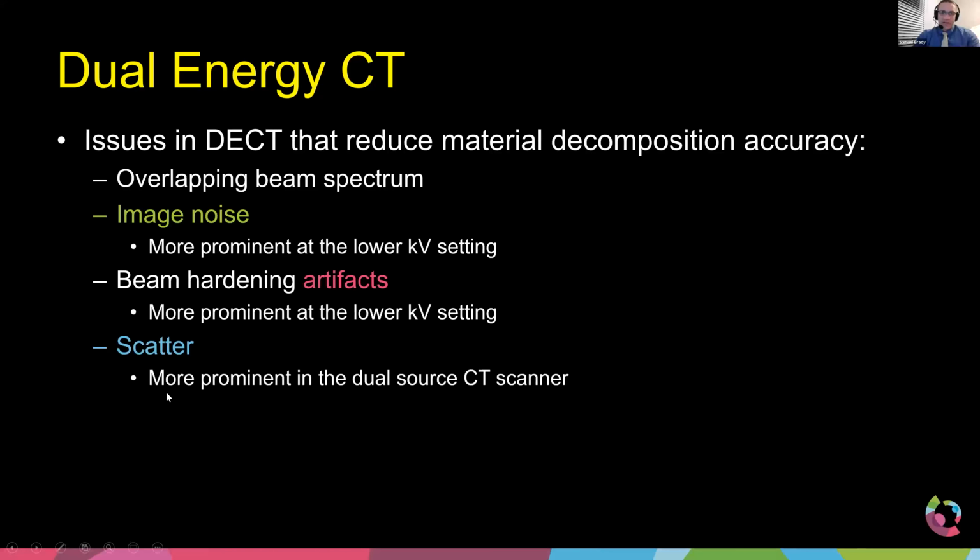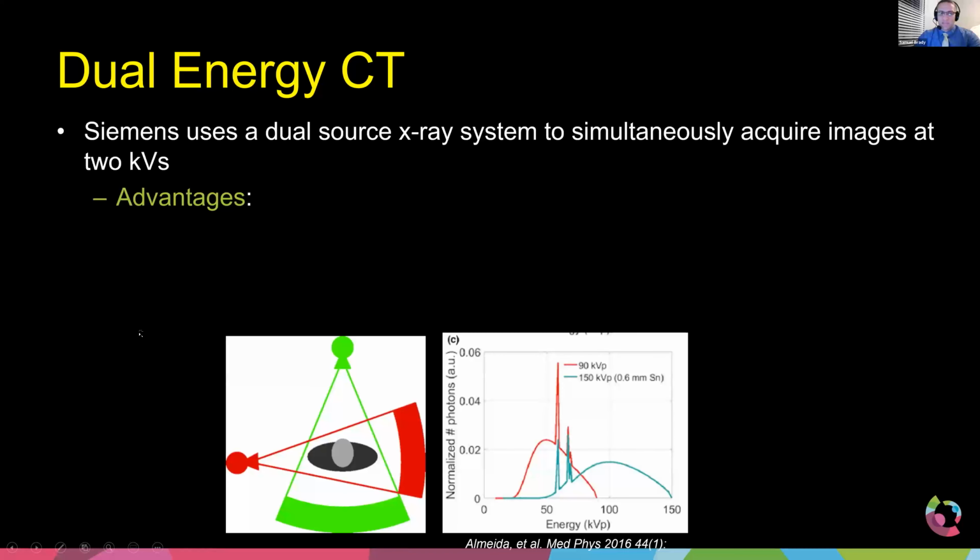Scatter is, in another way to say it, noise, but scatter effects can affect the way we calculate dual energy. So these are the four fundamental things: overlapping beam spectrum, image noise, artifacts, and scatter, that we need to optimize when we create dual energy CT.